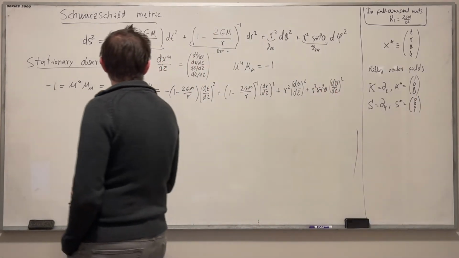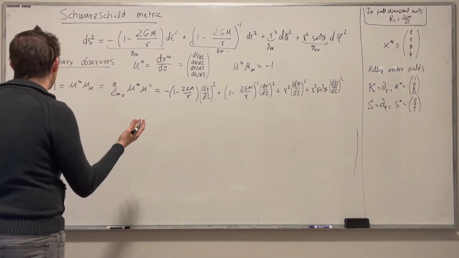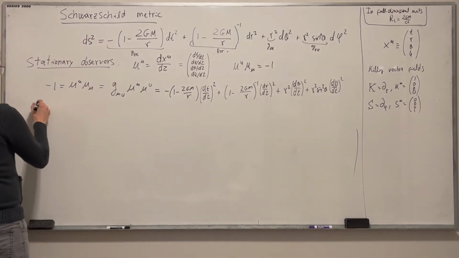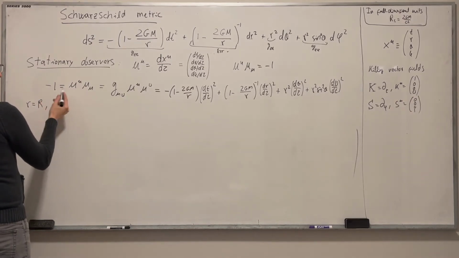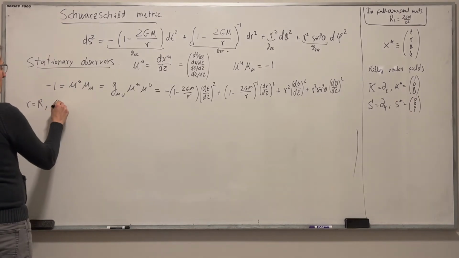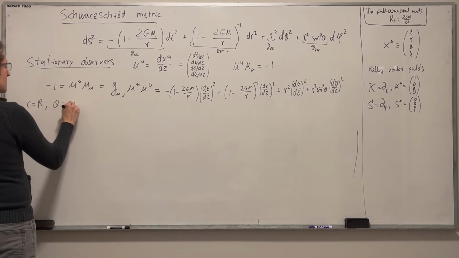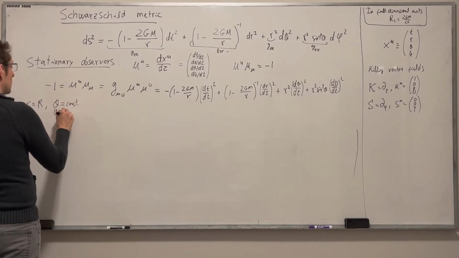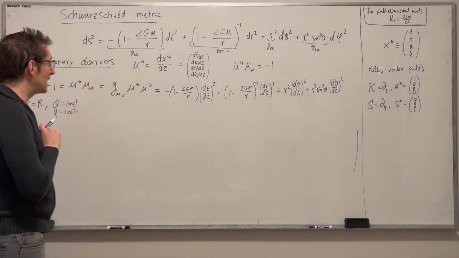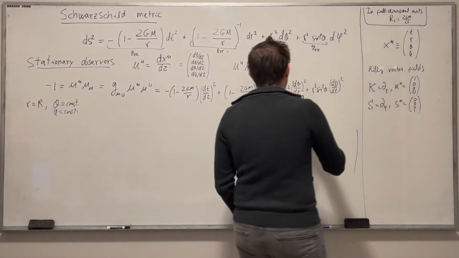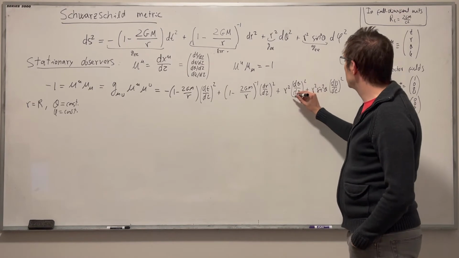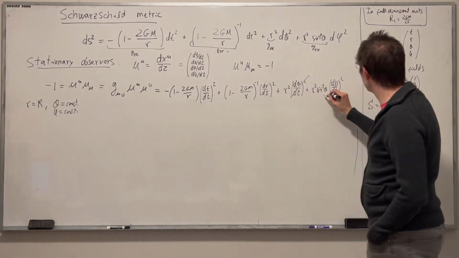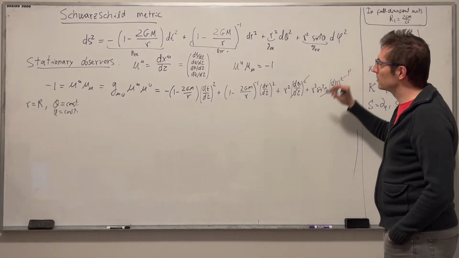I know that it's going to be a stationary observer. Remember, stationary observer means that r equals capital R, and then regardless of the values, θ equals constant, then φ equals constant, right? And by doing that, what we know is that θ is not going to change with respect to proper time, and φ is not going to change with respect to proper time.